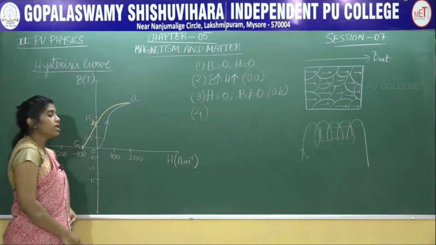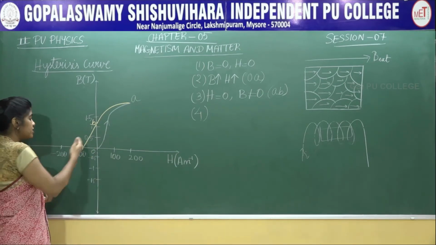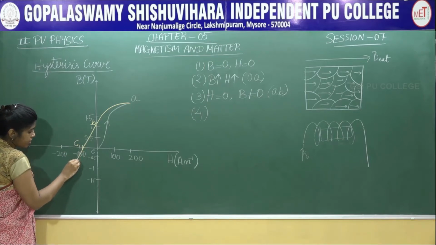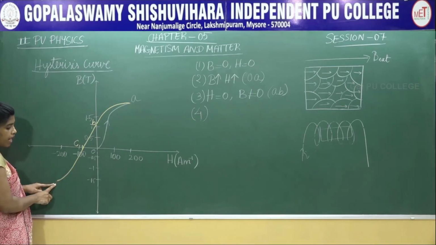In the fourth step, let me increase the current in the reversed direction. As I increase it in the reverse direction, again the value of B becomes maximum and again starts to saturate.